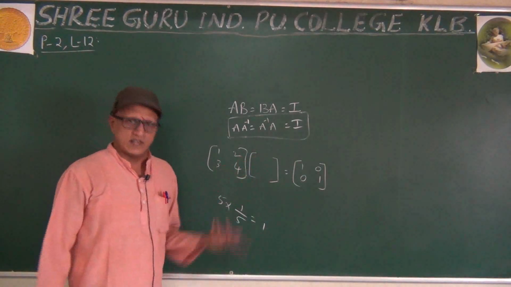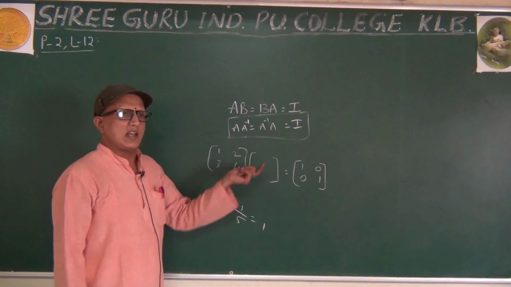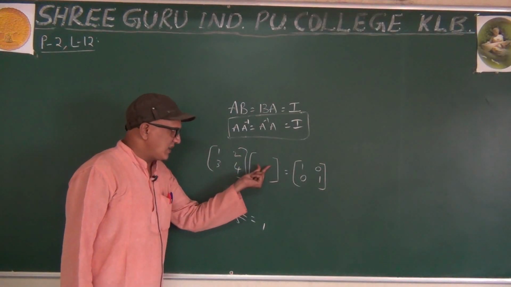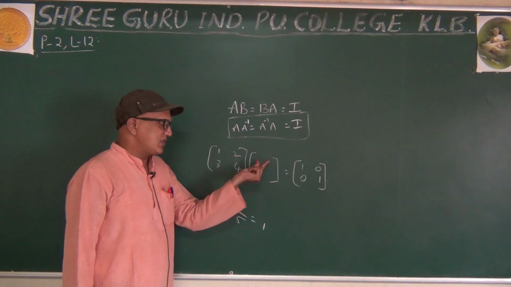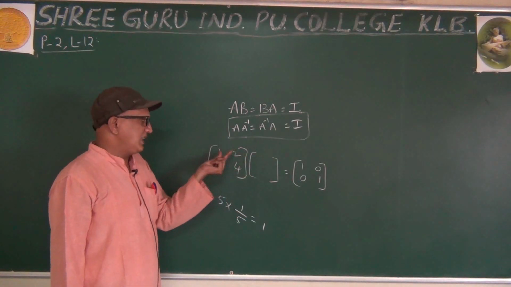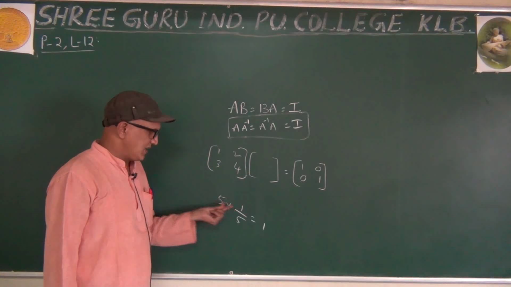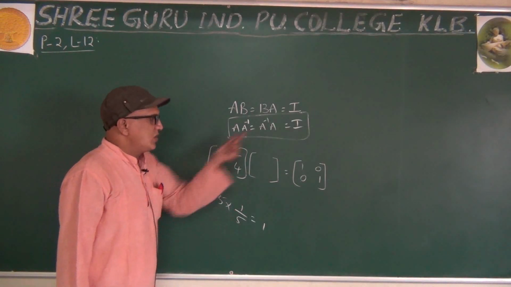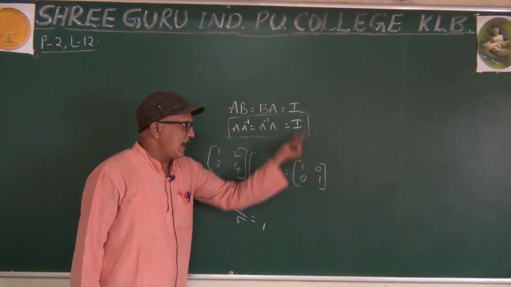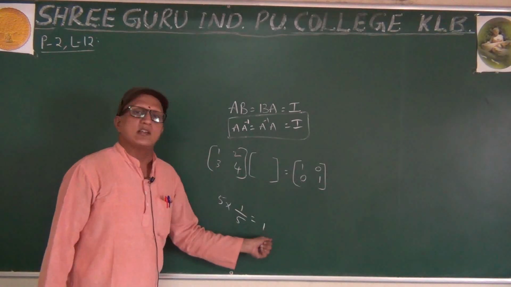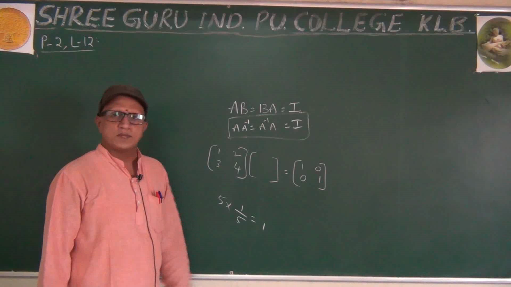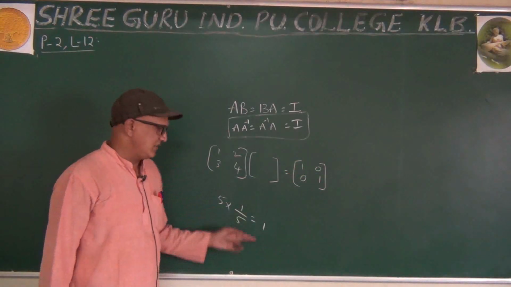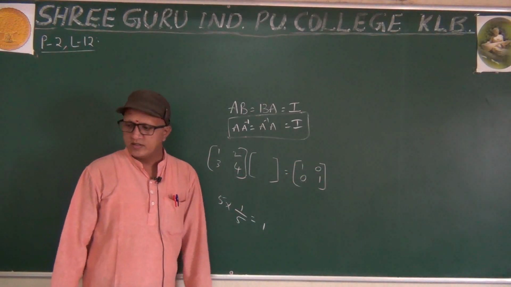Same like that in matrix language, with which matrix we have to multiply this matrix to get the answer I. Here it is the identity matrix, here 1. That is matrix language, this is real numbers.